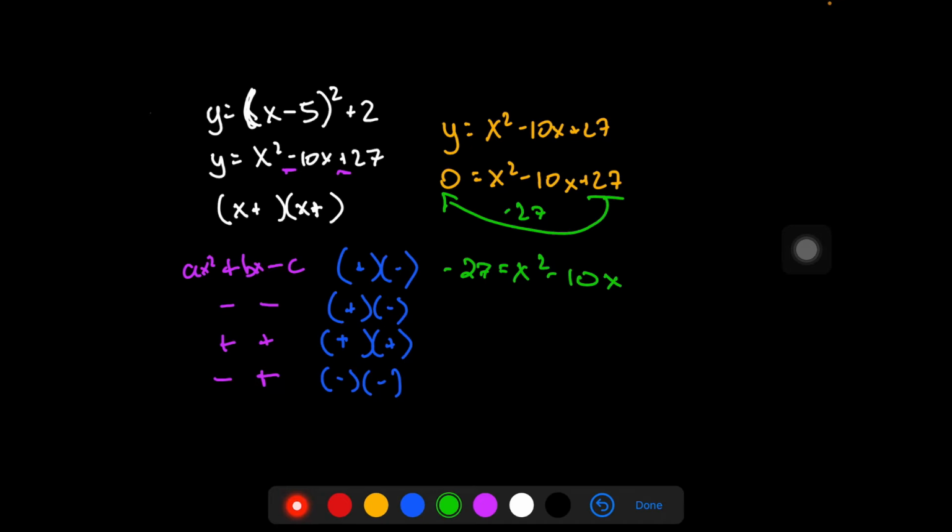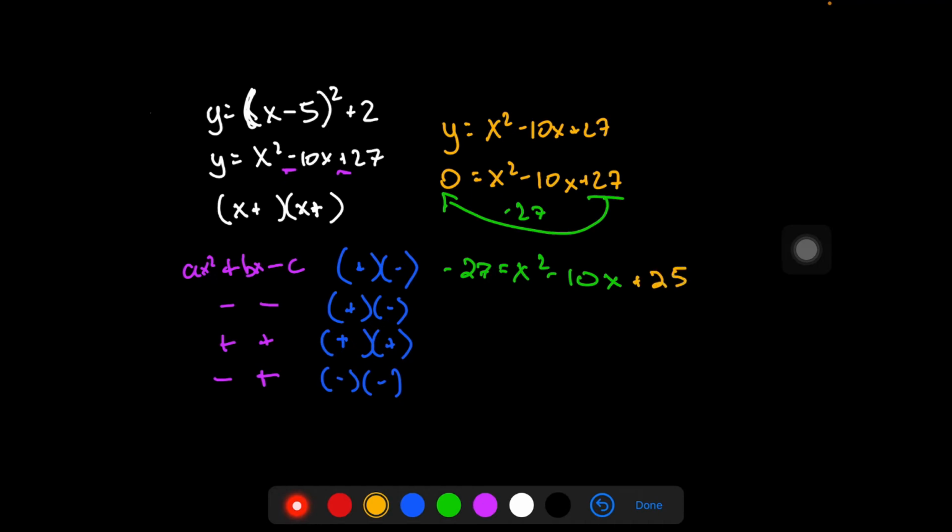Now, that b term, negative 10x, we're going to divide that by 2 and square it. So b over 2 squared is what we're going to add to both sides. In this case, b over 2 squared is 5 squared, which is 25.